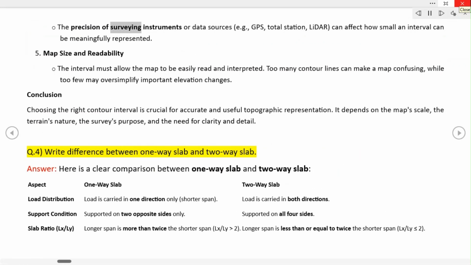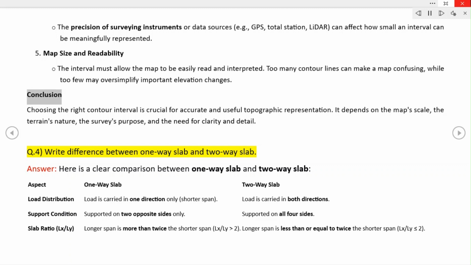The precision of surveying instruments or data sources, example GPS, total station, LiDAR, can affect how small an interval can be meaningfully represented. Map size and readability. The interval must allow the map to be easily read and interpreted. Too many contour lines can make a map confusing, while too few may oversimplify important elevation changes.